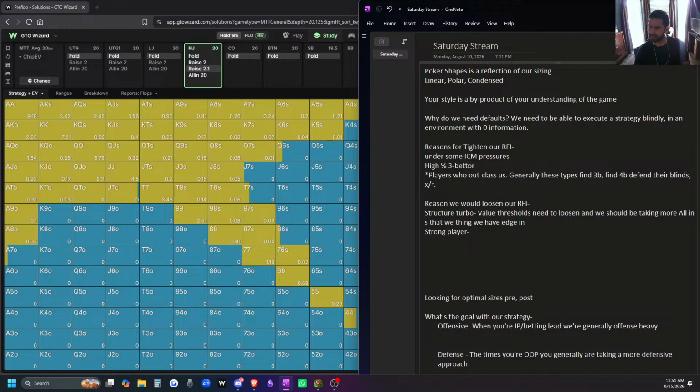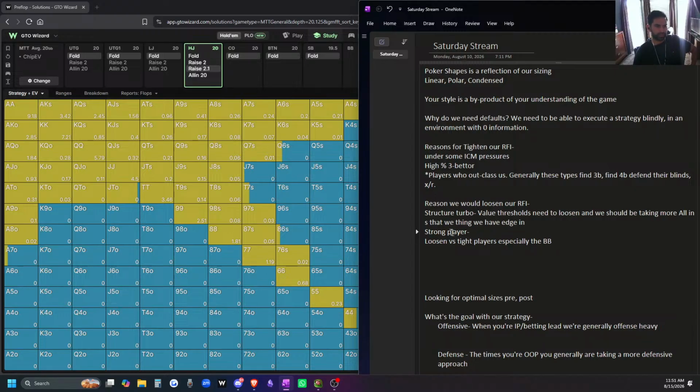Jordan says loosen against nits so you can steal more blinds. Yep, loosen versus tight players, especially in the big blind. That's a product of us having a skill edge.